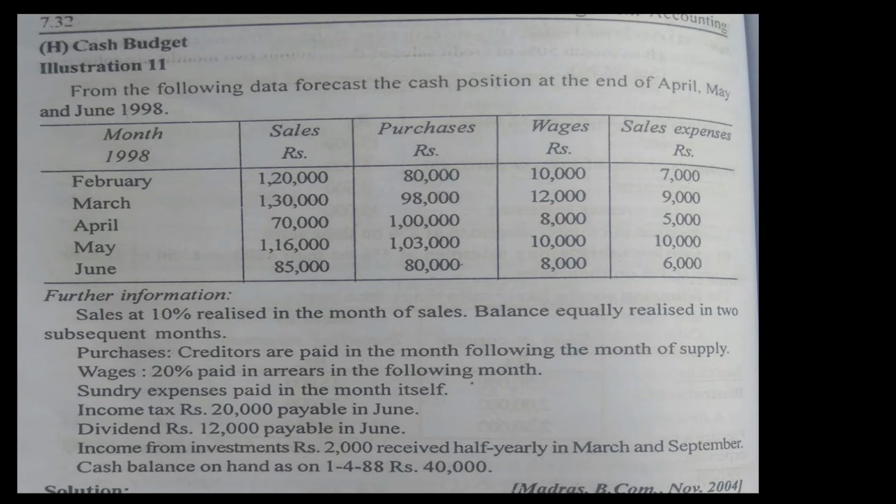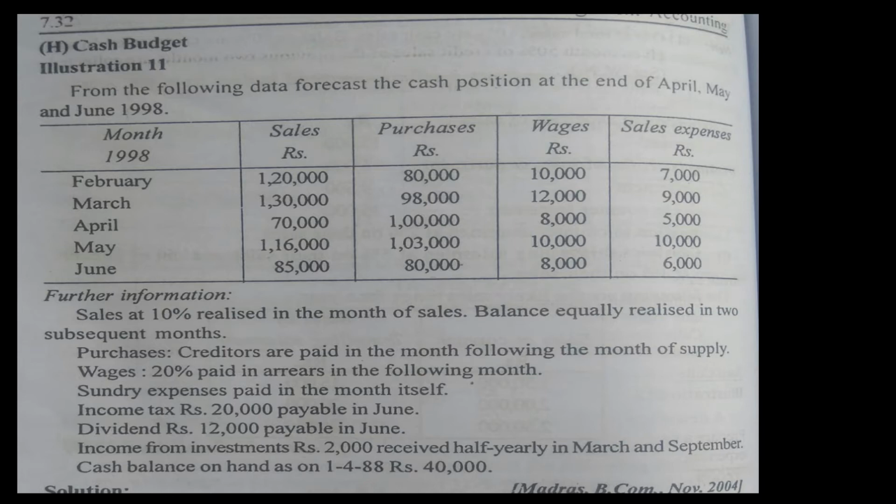Then the paragraph says the sales at 10% realized in the month of sale, balance equally realized in the subsequent 2 months. I'll repeat again. The sales at 10% realized in the month of sale, which means it is cash sale. Whatever the sale may be in any month, that particular month's 10% is considered as cash sales.